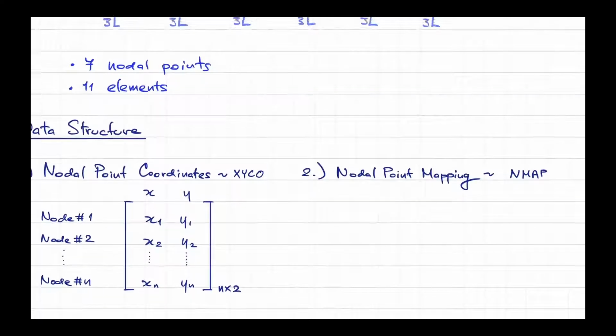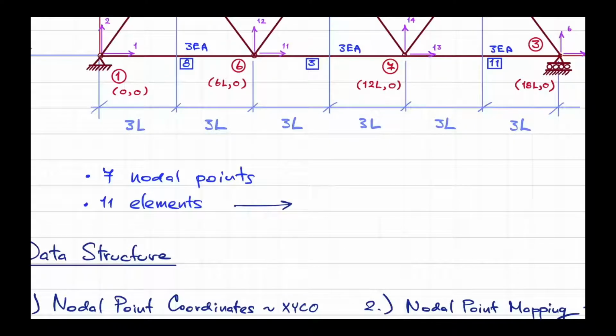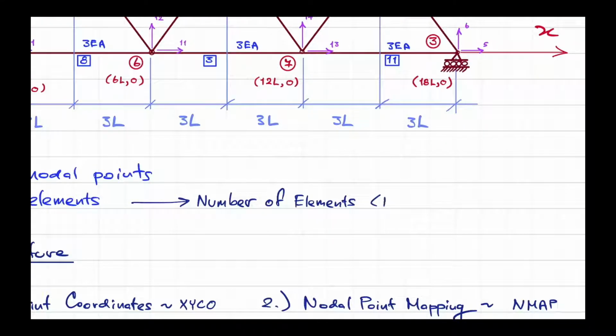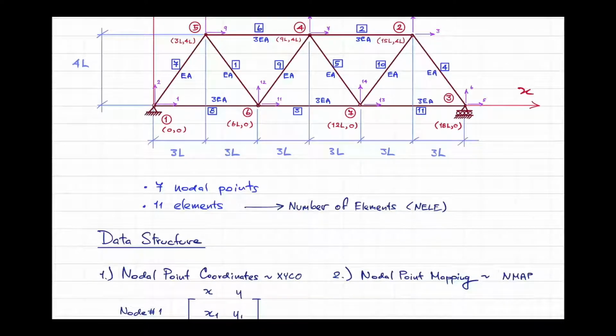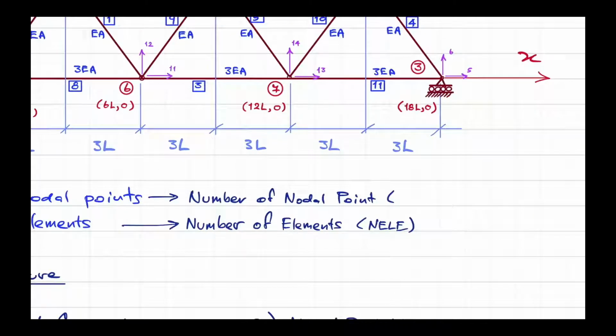So if you have the number of elements, I call it NELE, and the number of nodal points, NDE.